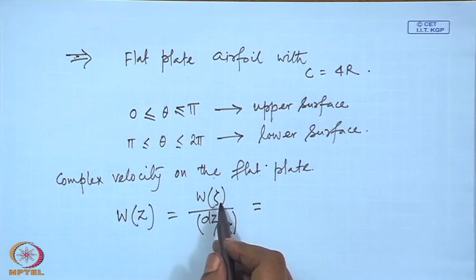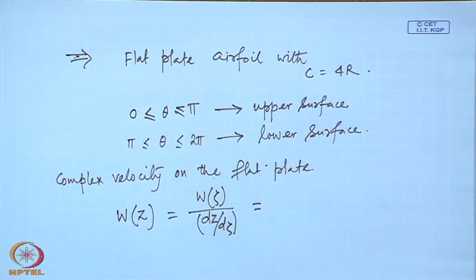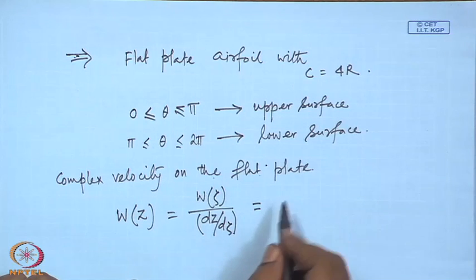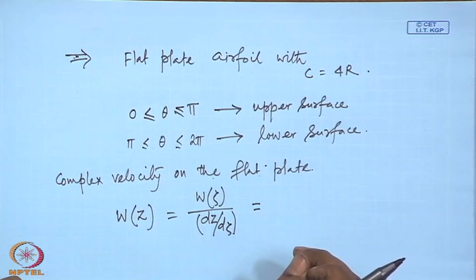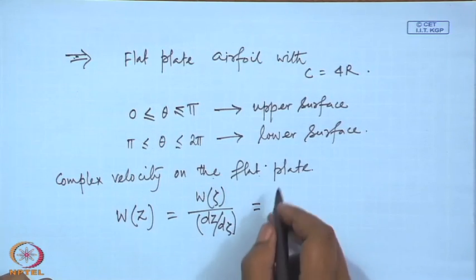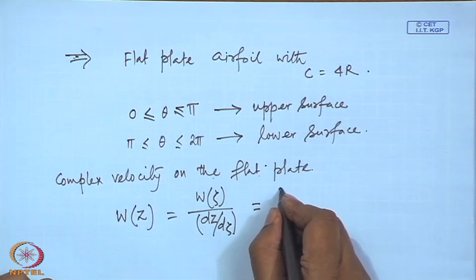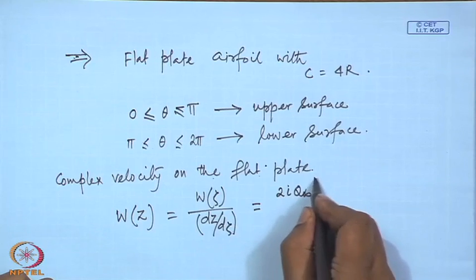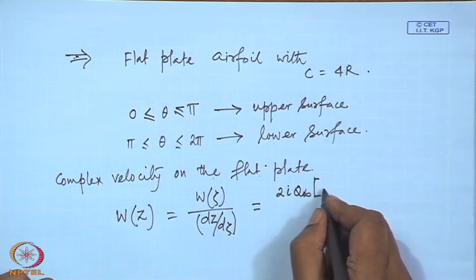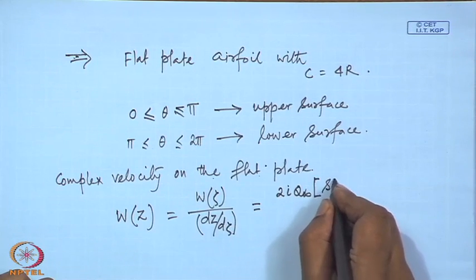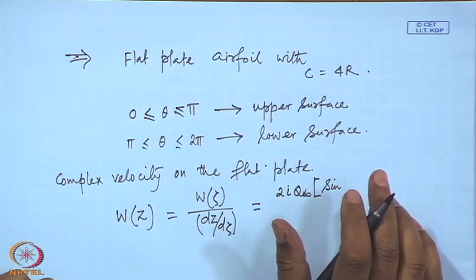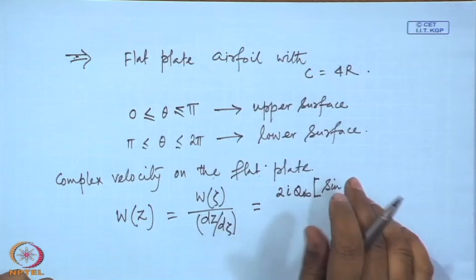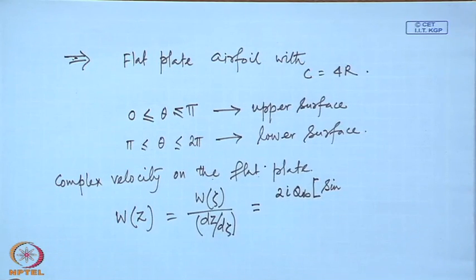This we simplified last time with the value of circulation. What was that expression? It was 2 I q infinity, sin alpha plus beta minus sin alpha minus theta. How much is beta here?